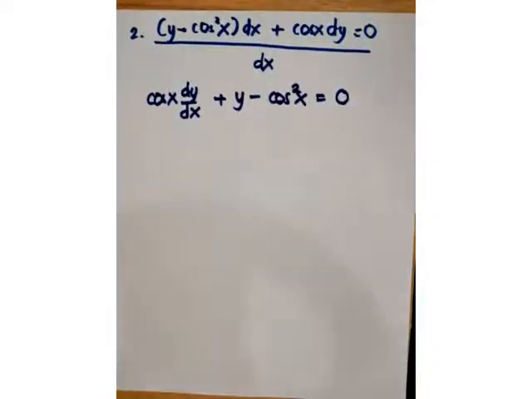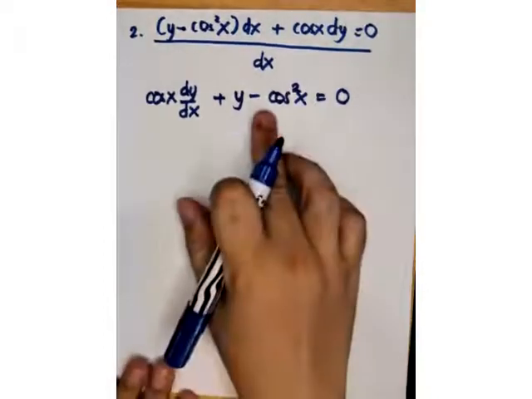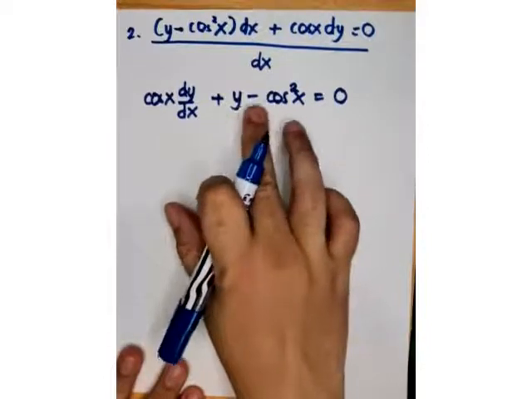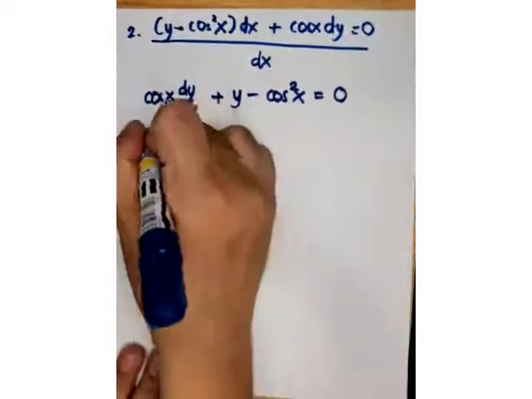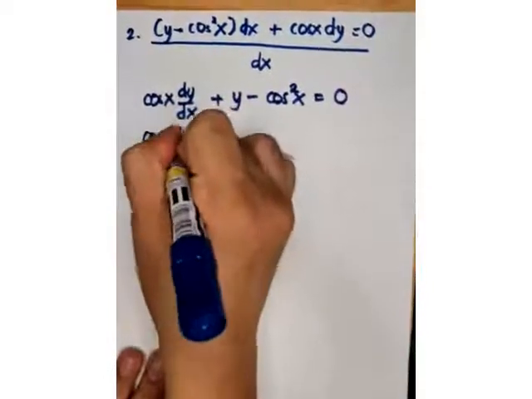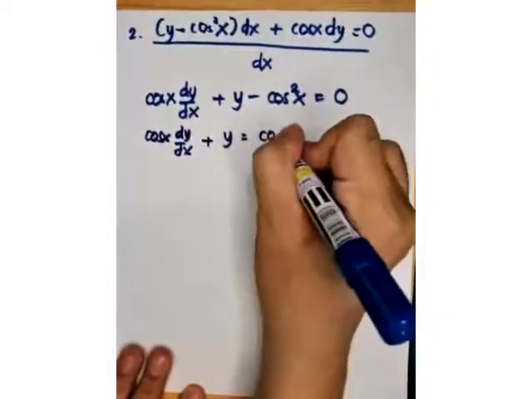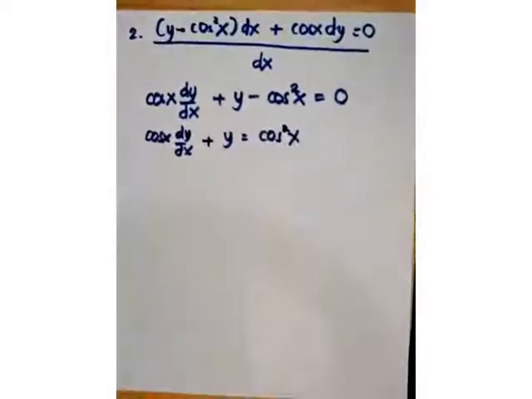Okay? And then, iwanan na natin ng y dito. So, lahat ng walang y, i-transpose sila sa kabila. So, cosine x dy over dx plus y is equal to cosine squared x.